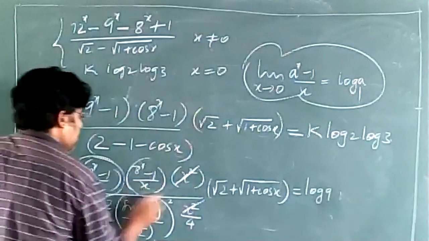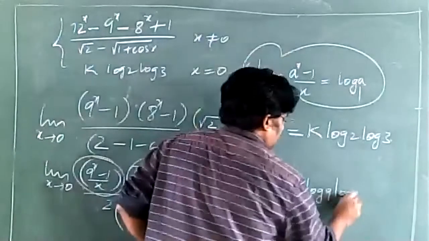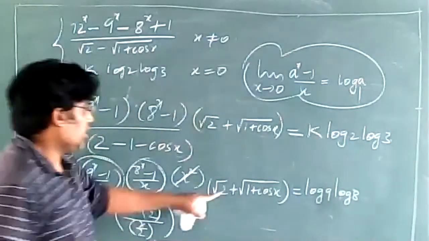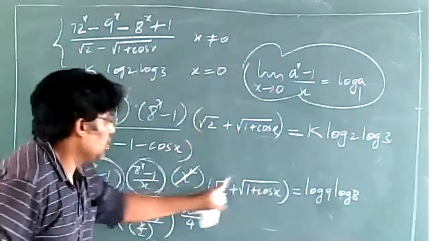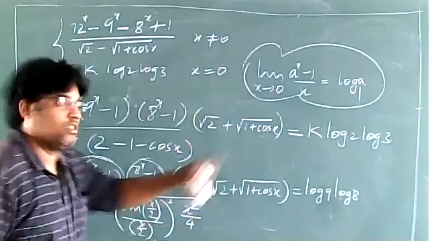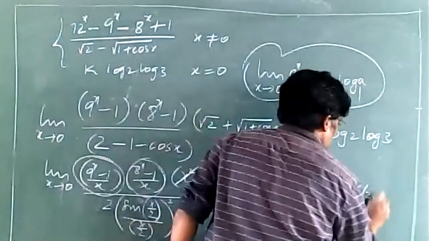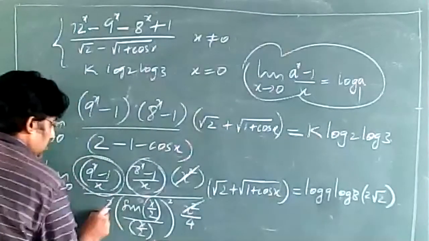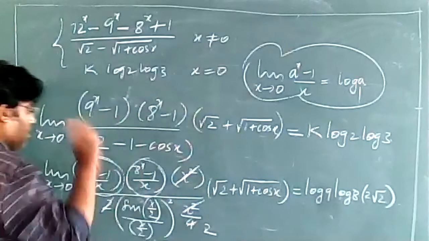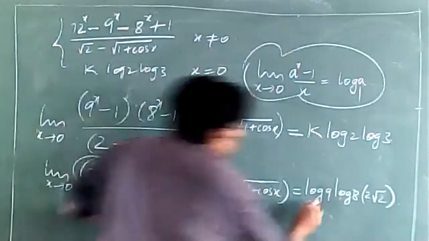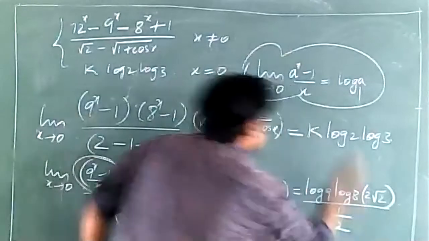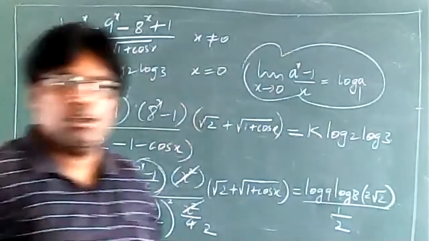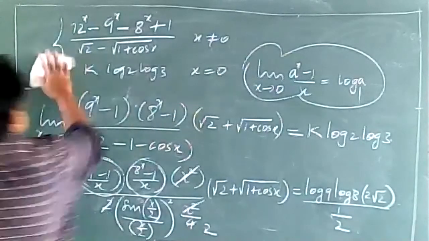This is what? Log 8. This is what? Cos 0 is 1, 1 plus 1 is 2, root 2 plus root 2 is 2 root 2. This part is 1 by 2. Okay, let me simplify this.